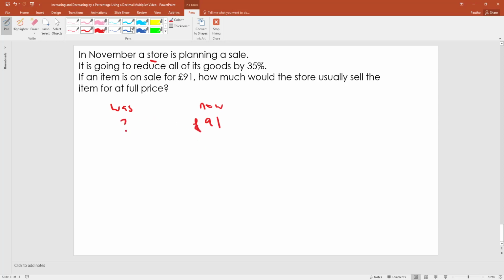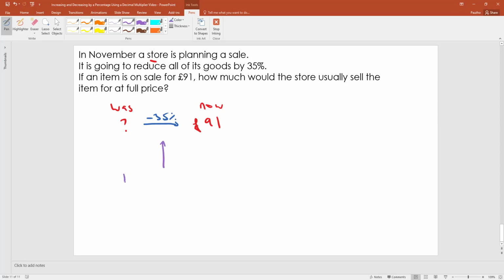What was it? Because this has gone down by 35%. See, it was some value. It's gone down by 35%, and now it's £91. So be careful with the picture. Again, the same thing. Oh, sorry. I want to rock the purple there.